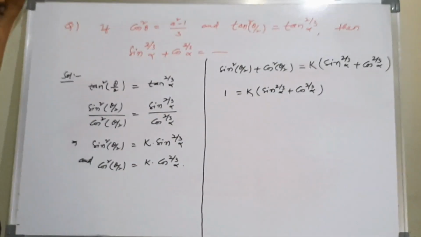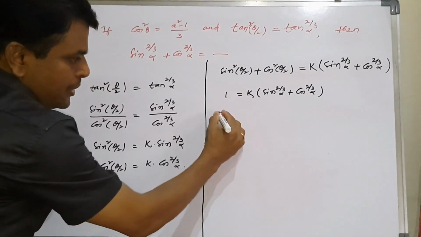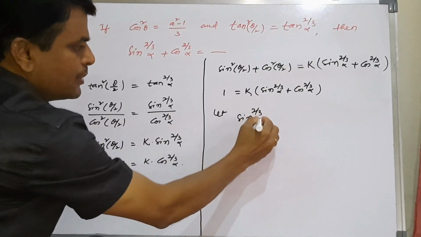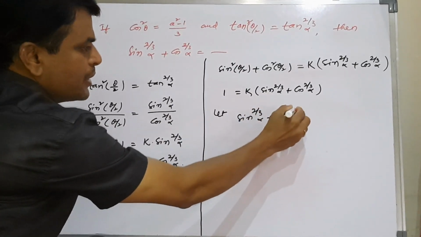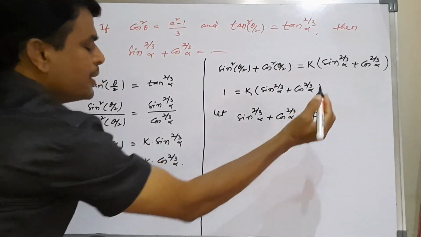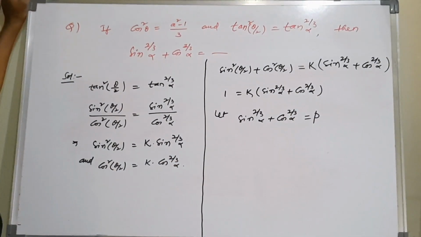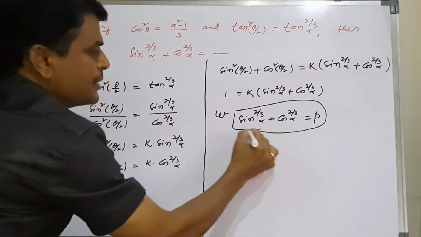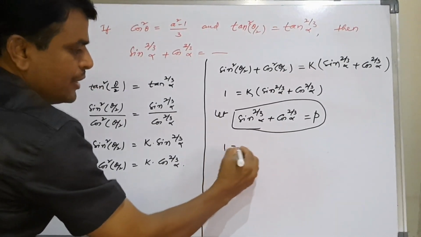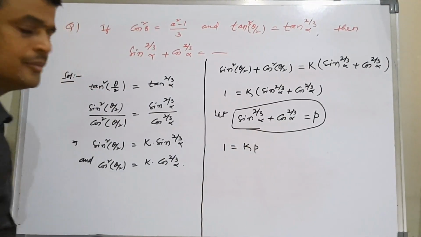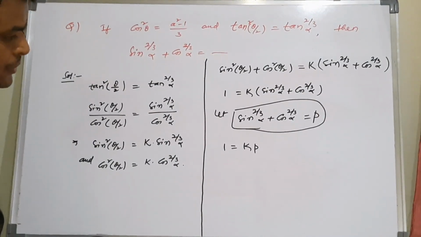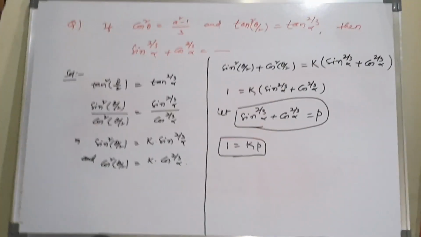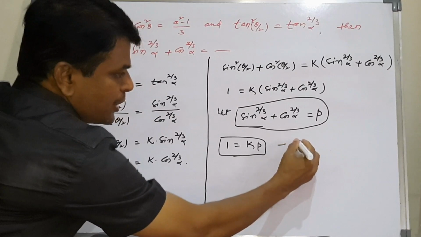We can take, so let it be, let sin power 2 by 3 alpha plus cos power 2 by 3 alpha be something p. Now we are getting the condition that 1 is equal to k times of p, k into p. This is one of the conditions we are getting. Let it be equation 1.